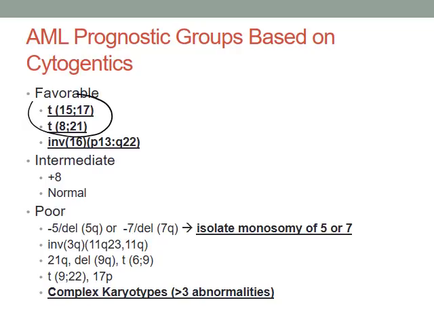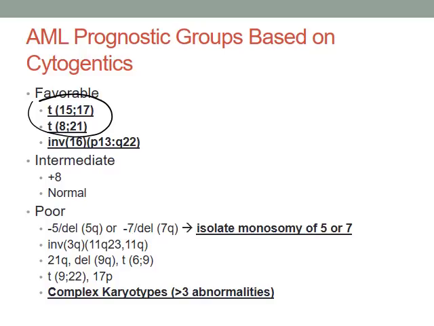So these two right here. You should be familiar with those. Again, you can see that for the second translocation, this involves the 21st chromosome, which is why we tend to see AML a little more in patients with Down syndrome.